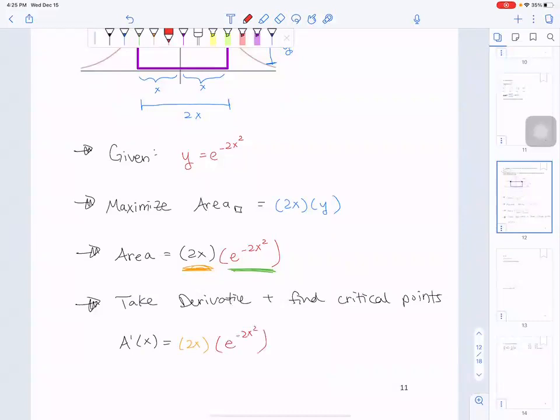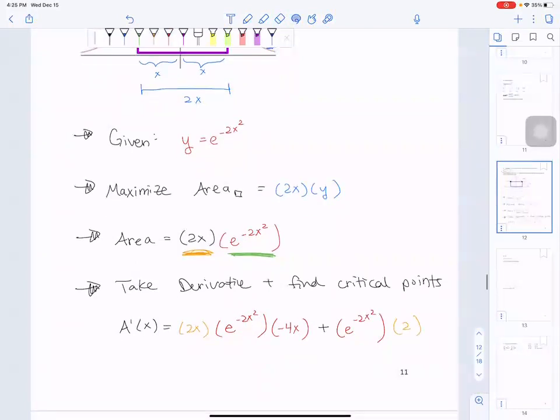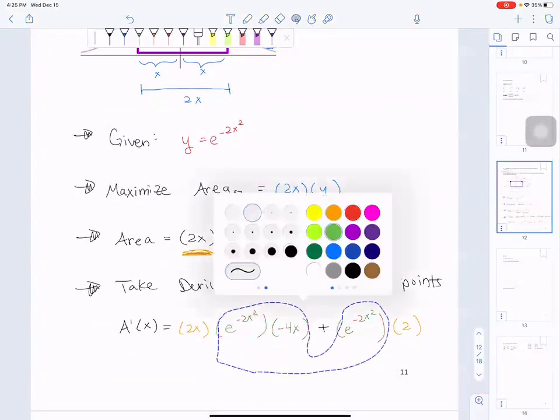We need to use the chain rule. So I wrote e to the same thing multiplied by the derivative of this complicated thing, which is negative 4x, plus second term times derivative of first term, which is 2.